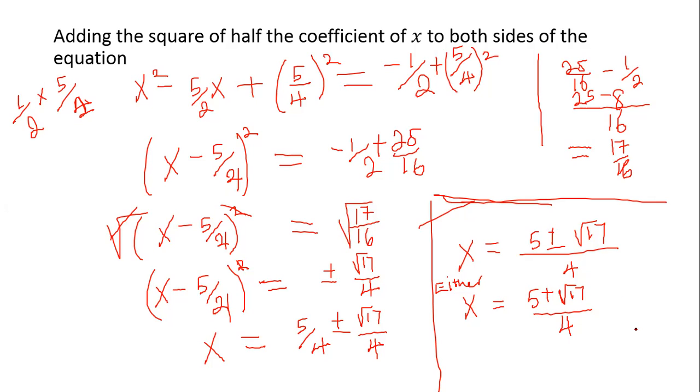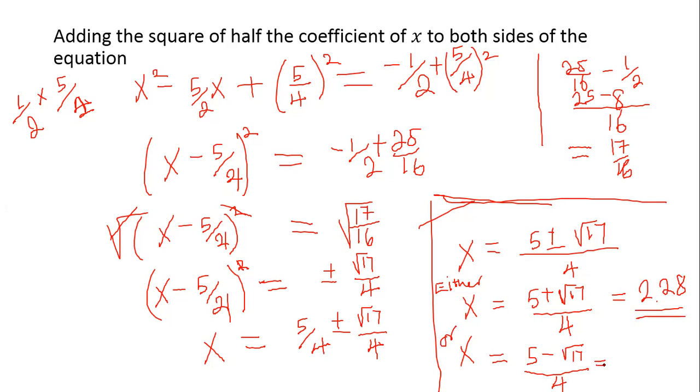So one of our x values would be 2.28 when we round off to 2 decimal points. Then the other one would be 5 now minus root 17 divided by 4.